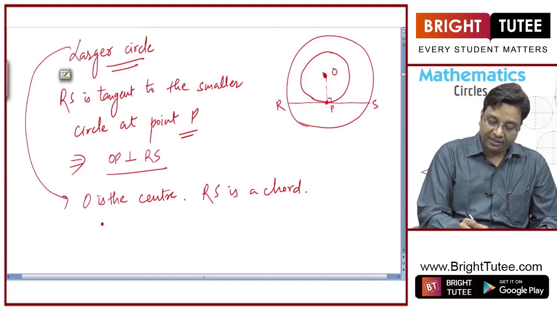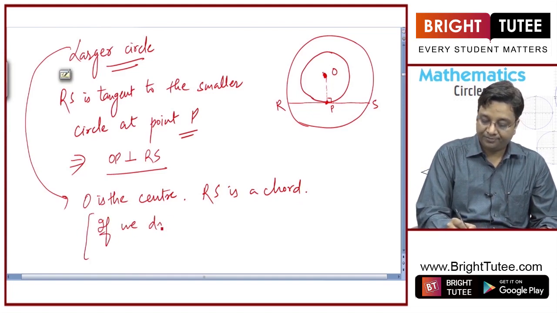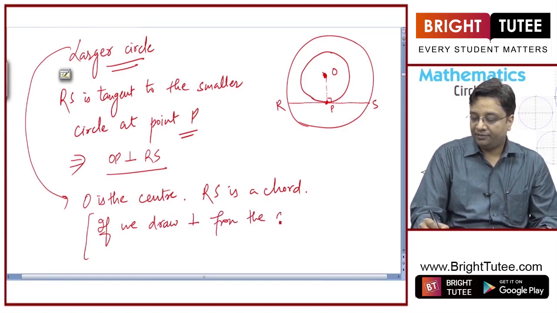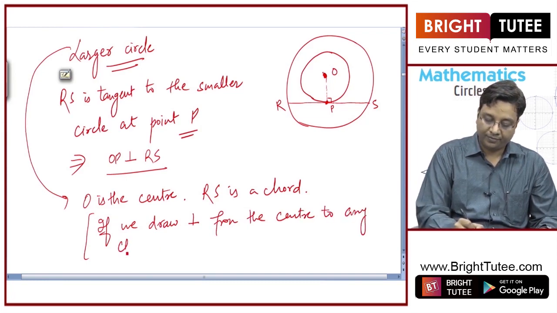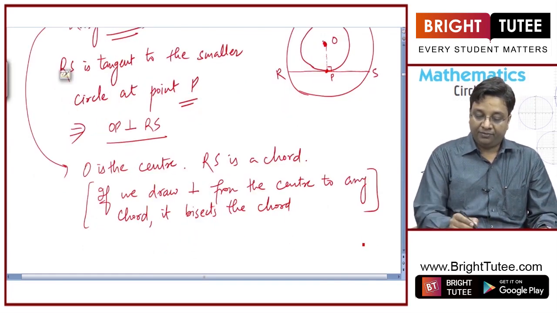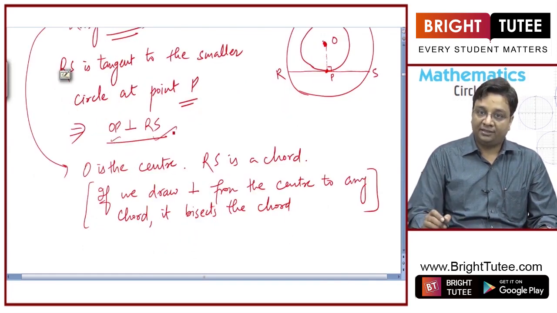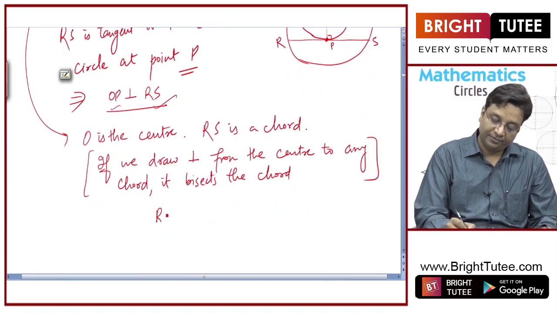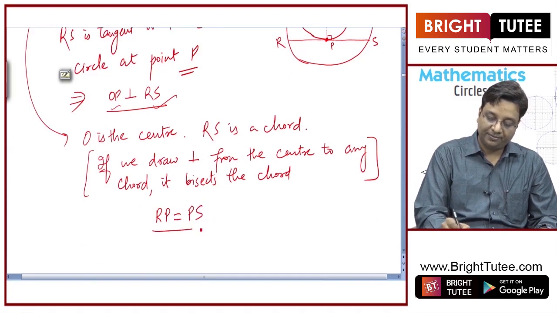And we know that if we draw a perpendicular from the center to any chord, it bisects the chord. And OP is perpendicular to RS, so we can say that RP is equal to PS.